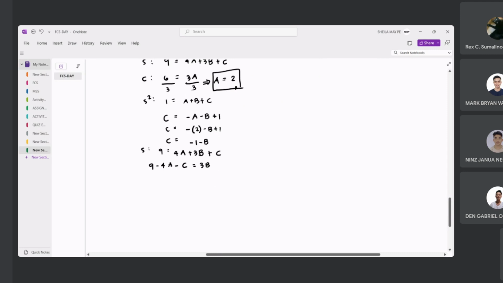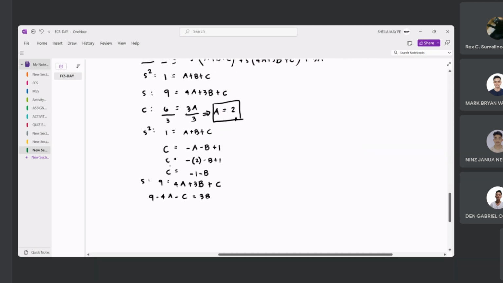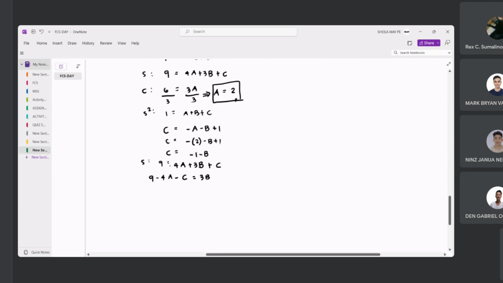Remember, our a is 2, our b is missing, and our c is still missing. So 9 minus 4 times our a, which is 2. Our c is negative 1 minus b, which equals 3b.